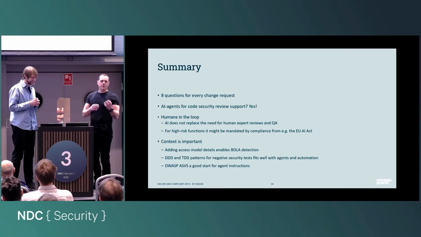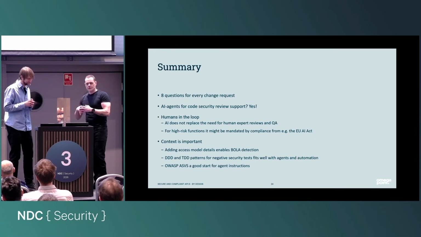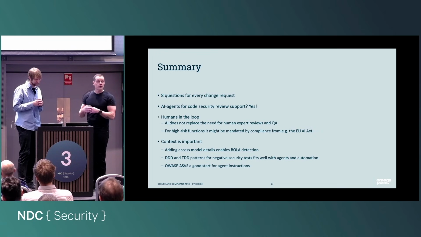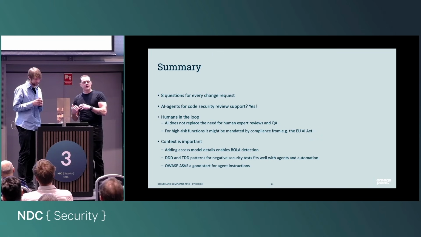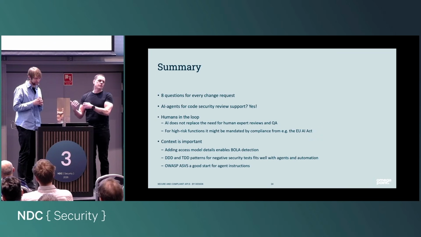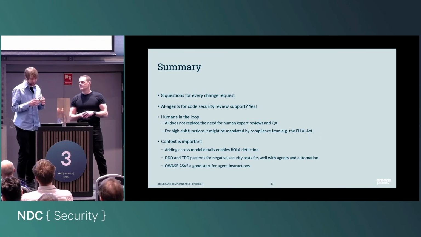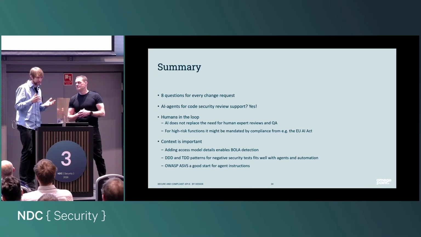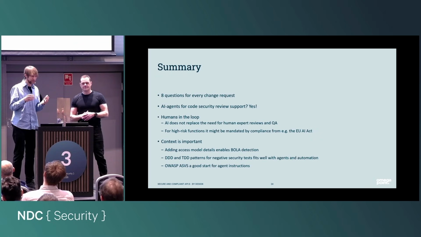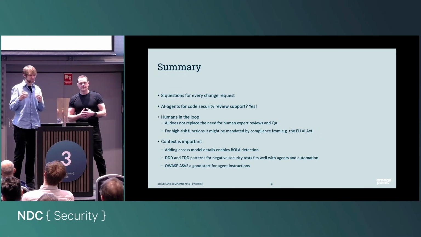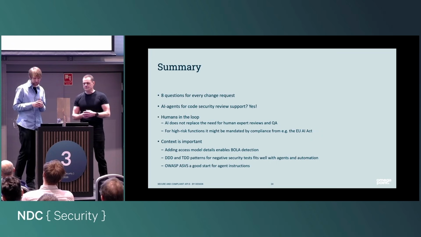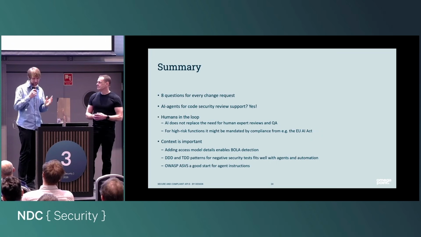And then our code has strong DDD and TDD patterns, which also helps. And we use the negative security tests to verify things, and that helps and fits well with the automation for the agents. Yeah, and finally, a little biased perhaps, but the OWASP ASVS is a good start for creating agent instructions and also to verify them. So please look into that.